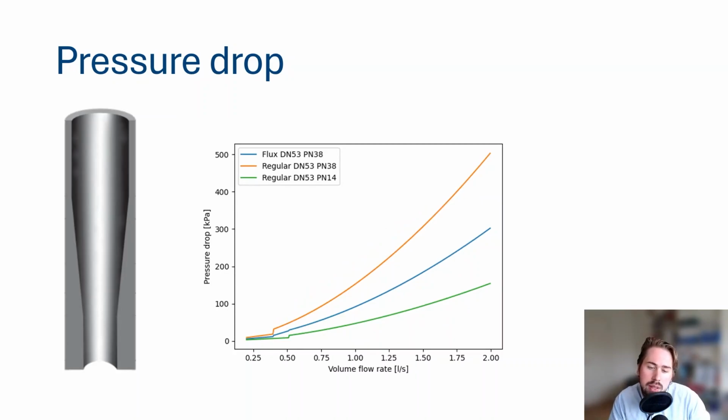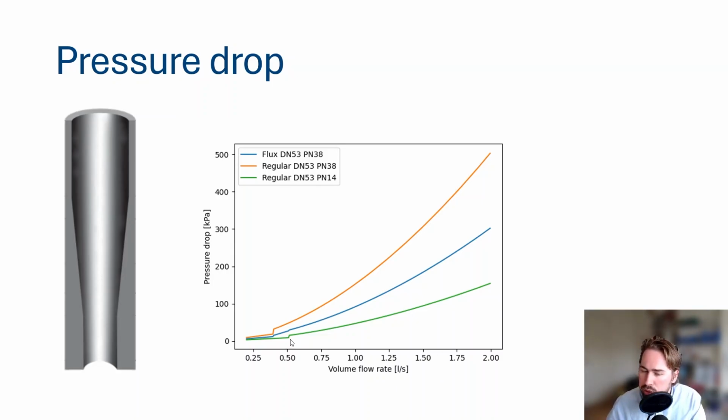Now, if we vary just the flow rate, so let's assume we have this whole pipe with the initial constant section, the conical section, and again a constant section, and we let the flow rate be variable, we see that our regular PN38 probe will jump towards a turbulent regime faster, which is of course due to the fact that, due to the thicker wall thickness, we have a smaller inner diameter, a higher flow rate, and hence we transition to turbulence faster.